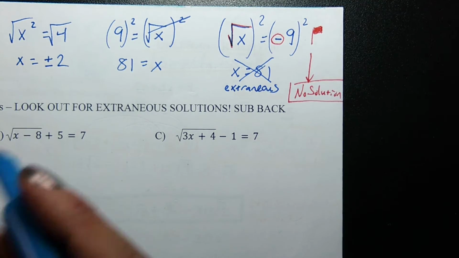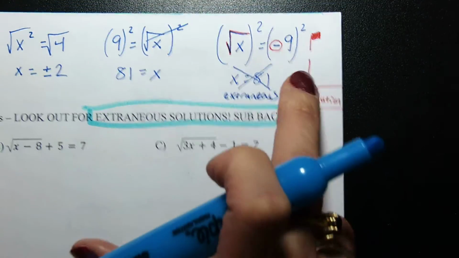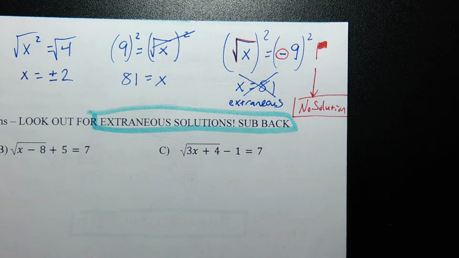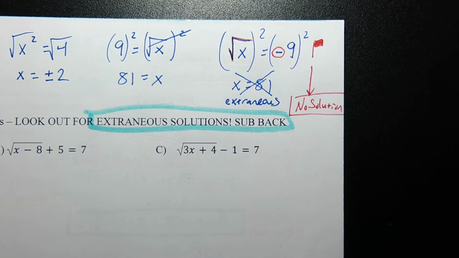Now, what's nice about this is you can identify these based on the red flag of saying a square root is going to output a negative, but if you don't catch it at the red flag, you can plug back in to check it and say, hey, the square root of 81 is not negative 9, so this must have no solution. So our final answer for a problem like this would be no solution.